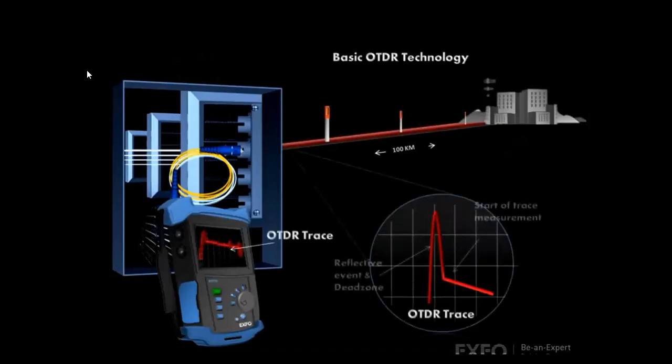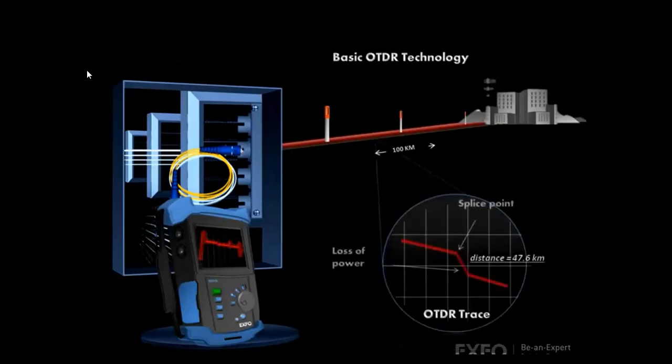The first event is reflective and located right at the OTDR port. Because the OTDR is mechanically connected to the fiber under test, the connection creates an air gap, which causes a reflective dead zone where no measurement can take place. The OTDR will accurately measure the distance to a splice and the loss of power at that particular splice.